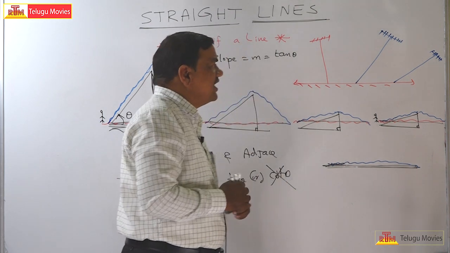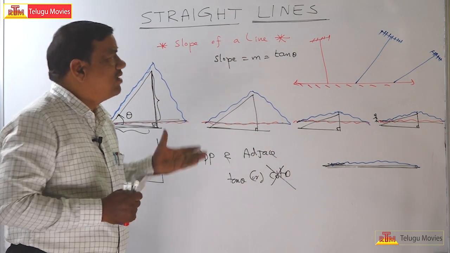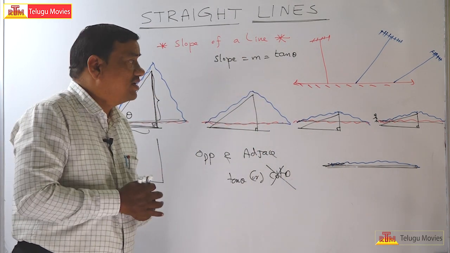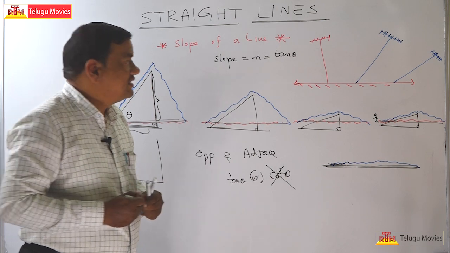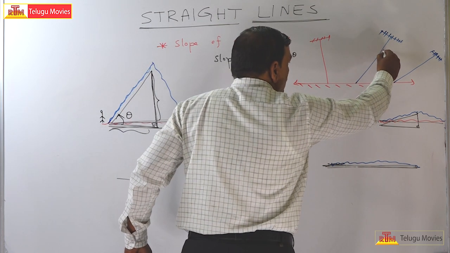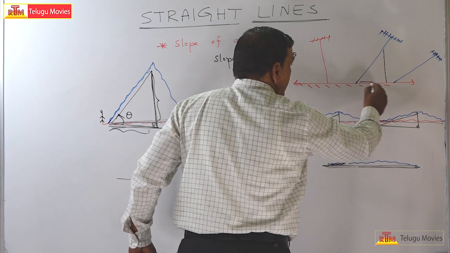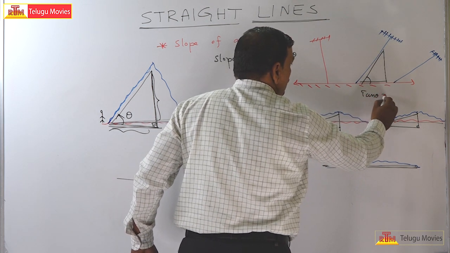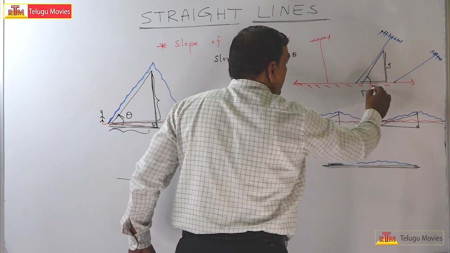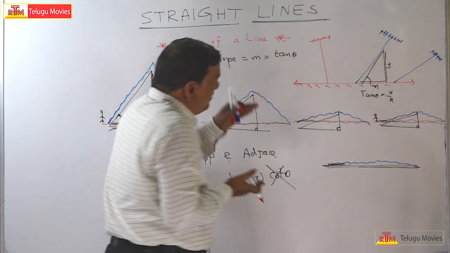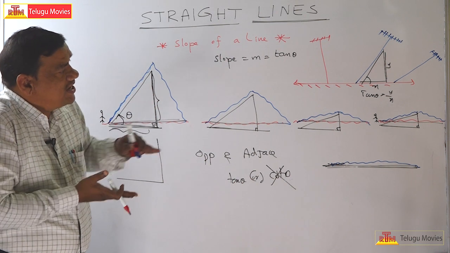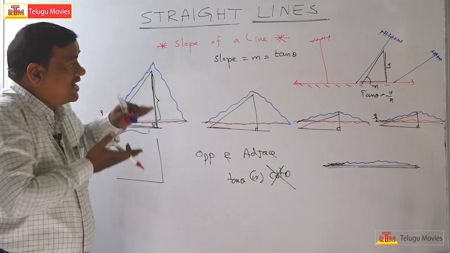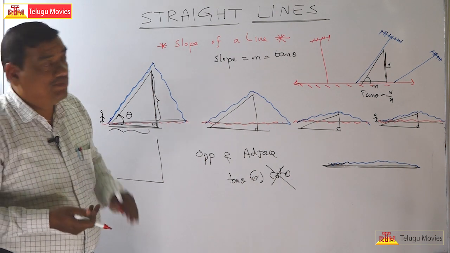Actually, how can you decide which has more slope, more inclination? It is based on the calculation of the opposite side and adjacent side. This ratio, tan theta, is equal to opposite side y over adjacent side x, y by x. Based on that ratio, you decide which has more steepness, not less steepness.